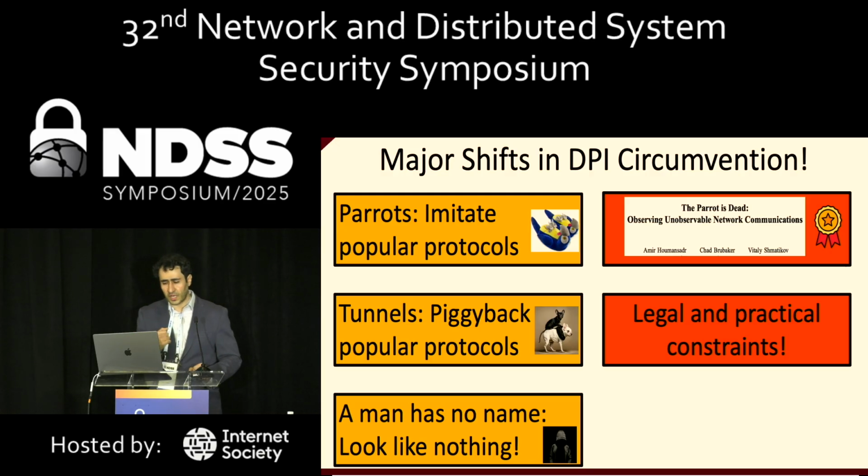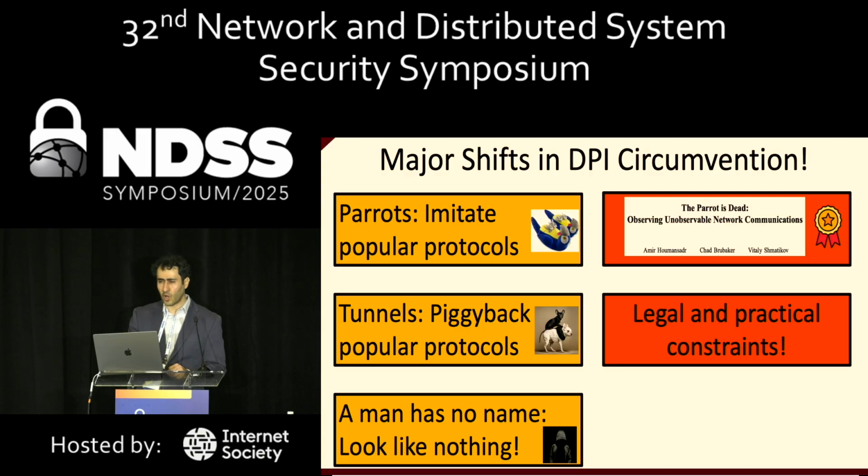Now, I want to say the third stream of work on trying to defeat DPI circumvention is the kind that tries to look like nothing. They're like, okay, maybe the sensors have a way of identifying Tor and Shadowsocks and Psiphon, and these are different proxies. So let's make our traffic in a way that looks like nothing and none of them, right? And if it looks like nothing, they'll probably just let it go, because on the internet there's a long tail of unknown traffic.